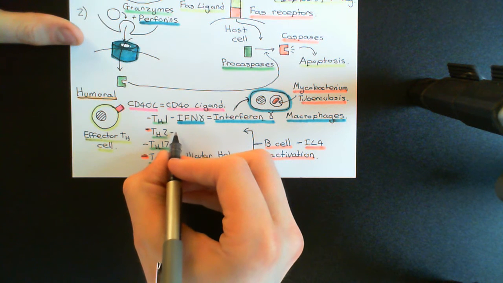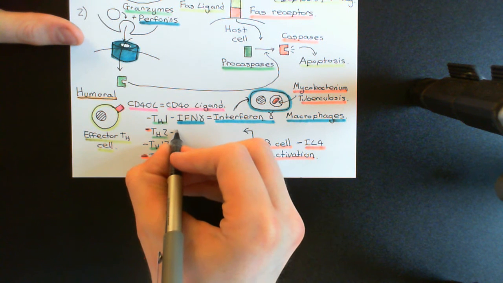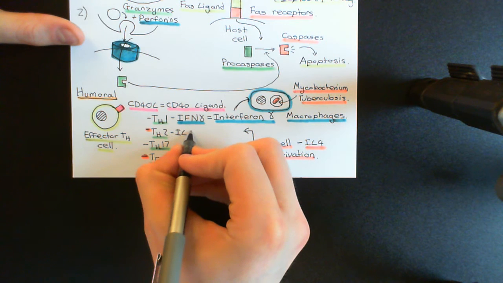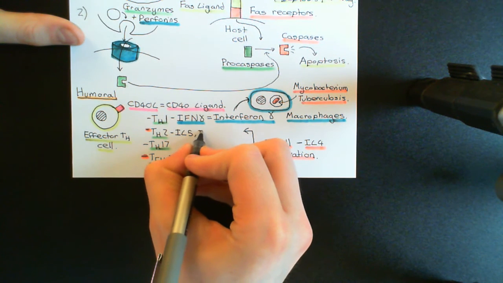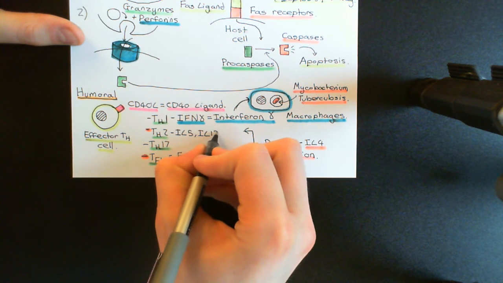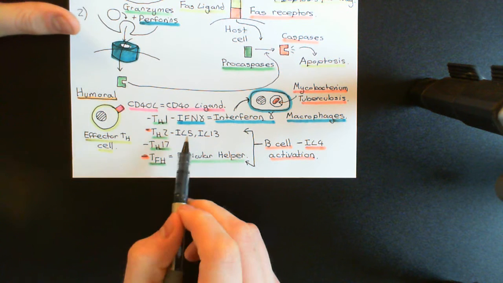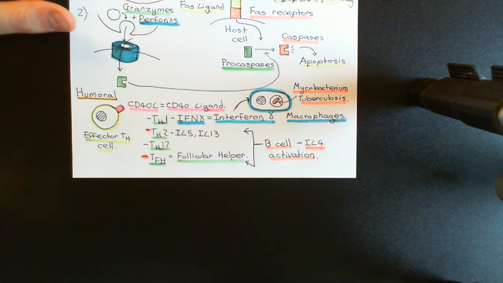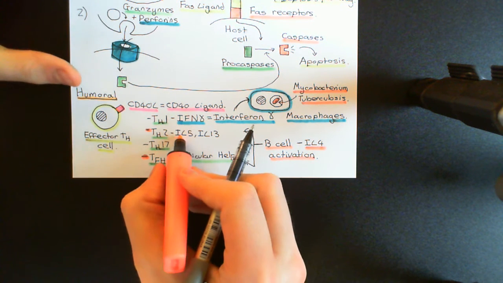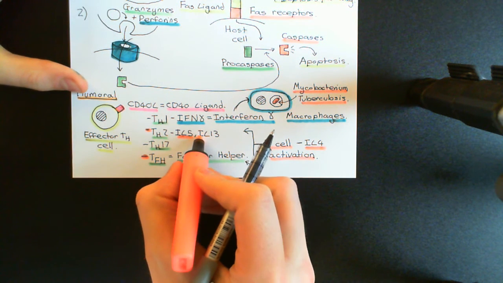Their side function is that they can secrete the cytokines interleukin 5 and interleukin 13. Now, what do these cytokines do? They call for a cell of the immune system that we haven't discussed at all in this video, which is the eosinophil.